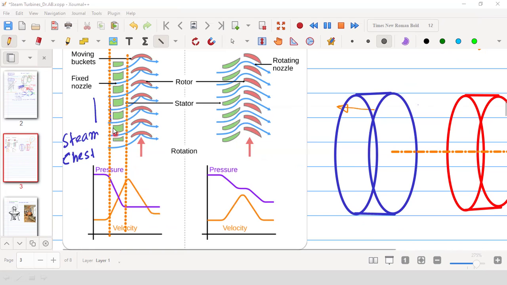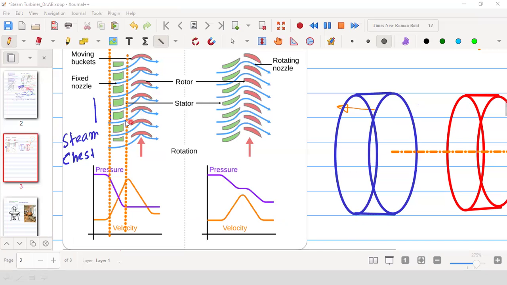So in the nozzle passage, the pressure drops and velocity increases. That is quite clear, because we have studied in compressible flow that this is the function of a nozzle. But what is the use of the blade? The kinetic energy that we have obtained at the end of the nozzle, we now want to use for rotating the blades.